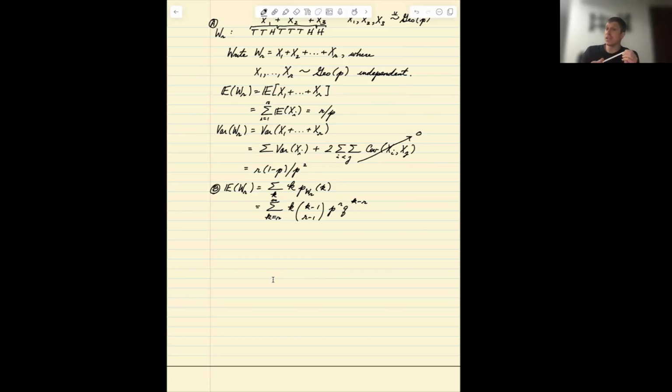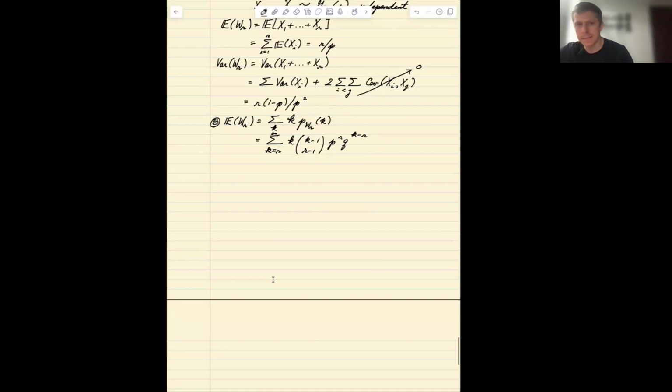It doesn't matter what the distribution is. If we can do that, over all possible values, then the sum has to add up to 1. Probabilities always add up to 1.